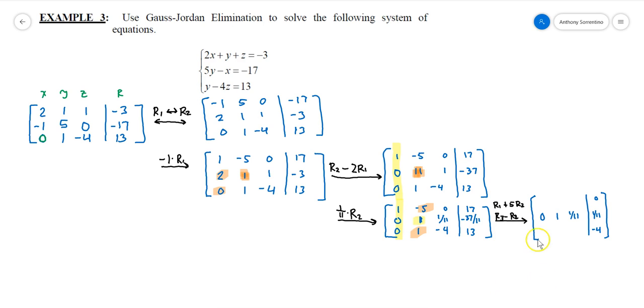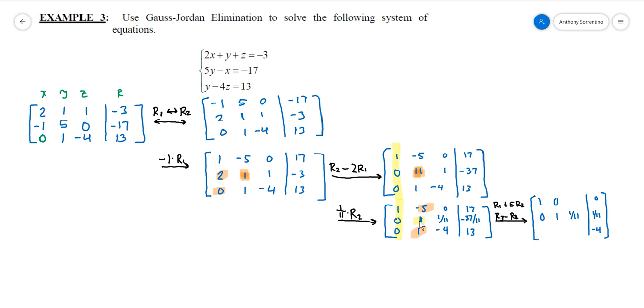If I look at this first row operation, row 1 plus 5 times row 2, I'll have 1 plus 5 times 0. That's still 1 plus 0, that's 1. So that's still a 1. Negative 5 plus 5 times 1. That's the reason why I did this particular operation.